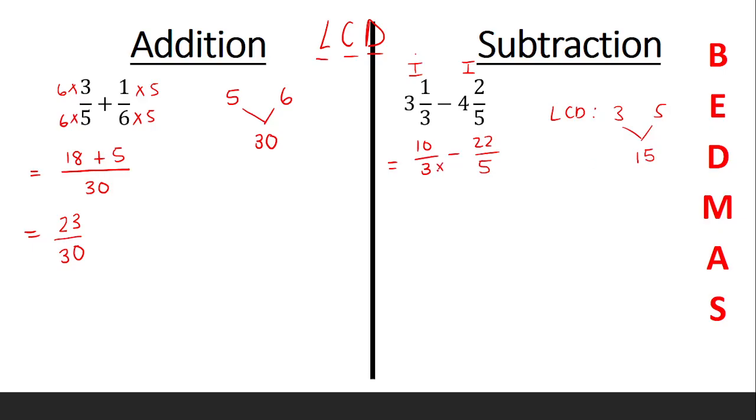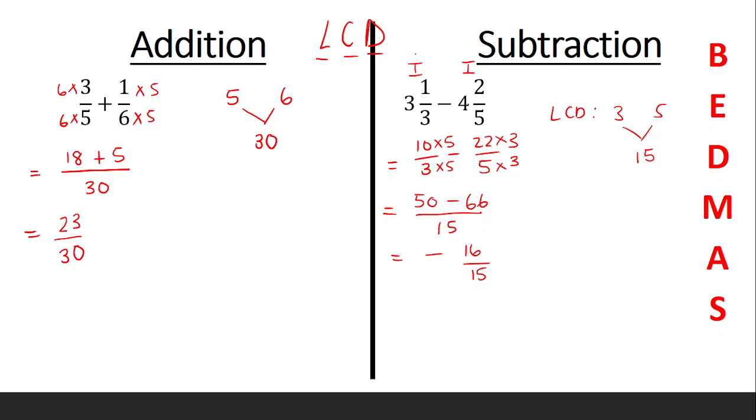So we're going to times 3 by 5, and what we do to the bottom, we do to the top. Times that by 3, times this by 3. And then our denominator is now 15. And this is going to be 50 minus 66. And that's going to leave me with negative 16 over 15. And I'm going to leave it as improper.